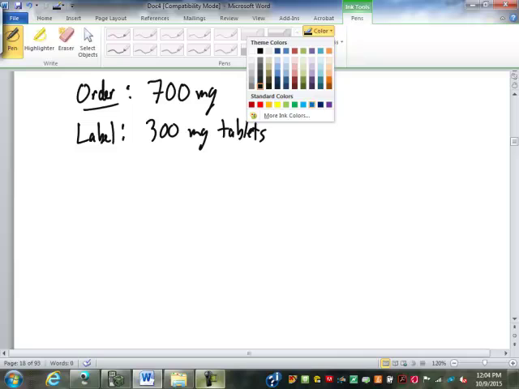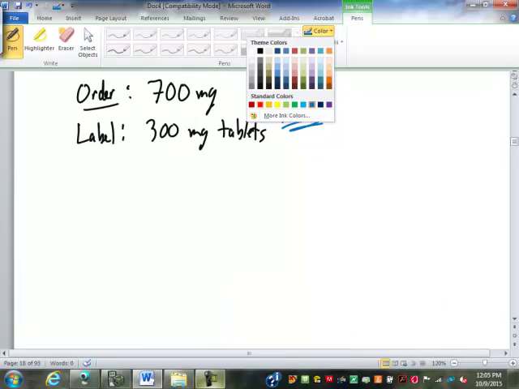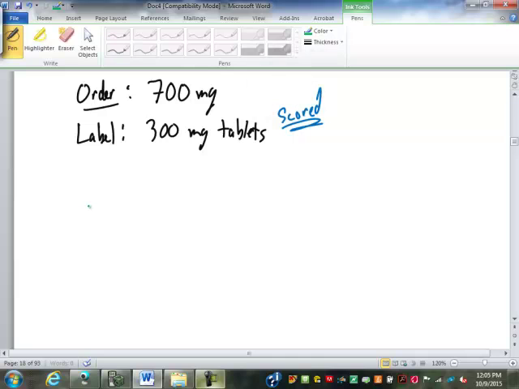I should have labeled that. This is a scored tablet. Go to the nearest half tablet. So what goes on top? 700 milligrams. Very good. Bottom, 300. And of course, times 1 tablet.